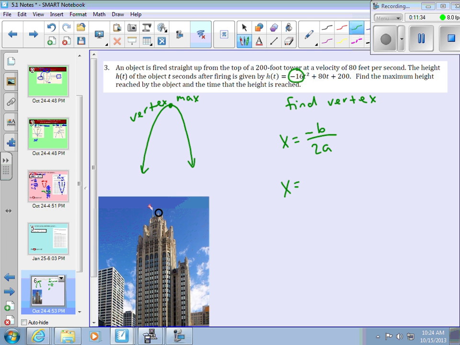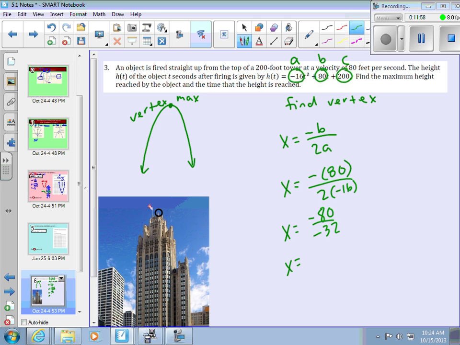On this one, our a is negative 16, our b is 80, our c is 200. So in our equation, we got the opposite of 80 over 2 times negative 16. Doing a little solving, that ends up being negative 80 over negative 32.